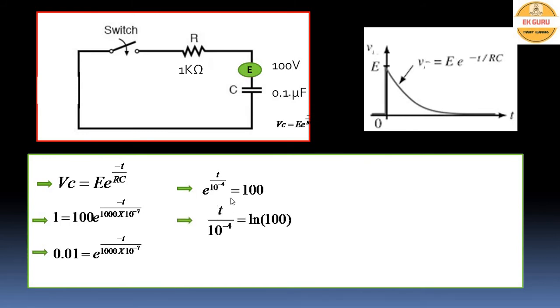Applying logarithm on both sides, T by 10 power minus 4 is equal to ln 100. Then we can find T. T is equal to 0.46 milliseconds. So this was asked: at what time T in milliseconds the voltage across the capacitor will be 1 volt. The answer is 0.46 milliseconds.